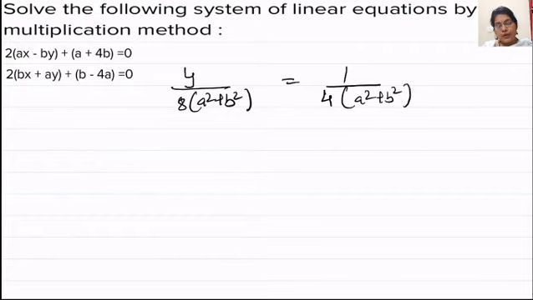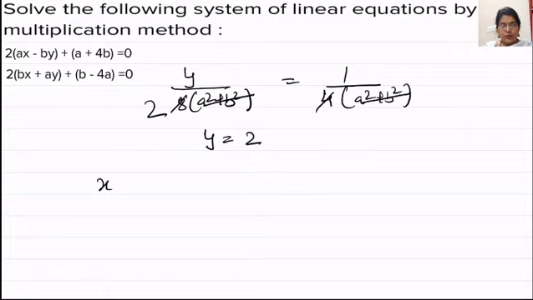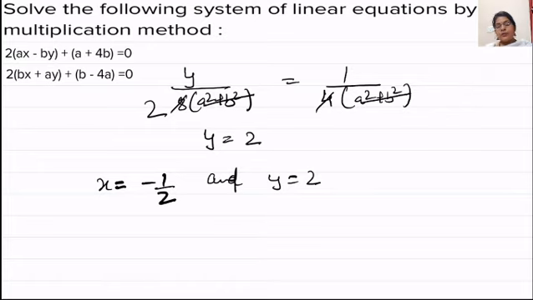So what do we get? 4 2s are 8 and a square plus b square is cancelled. So what is the value of y? The value of y is 2. So after solving, the value of x is equal to minus 1 upon 2 and y is equal to 2. In this way, we solve by the cross multiplication method.